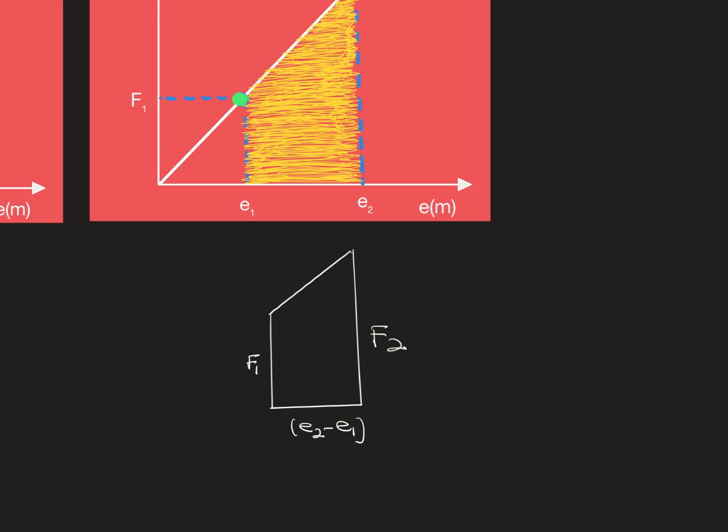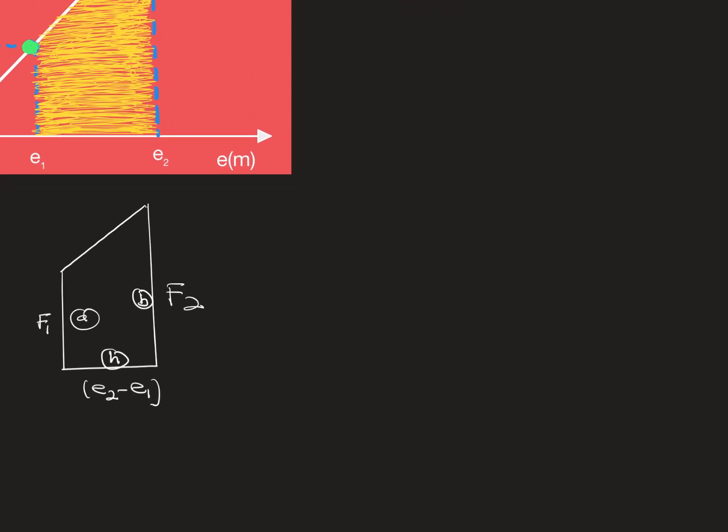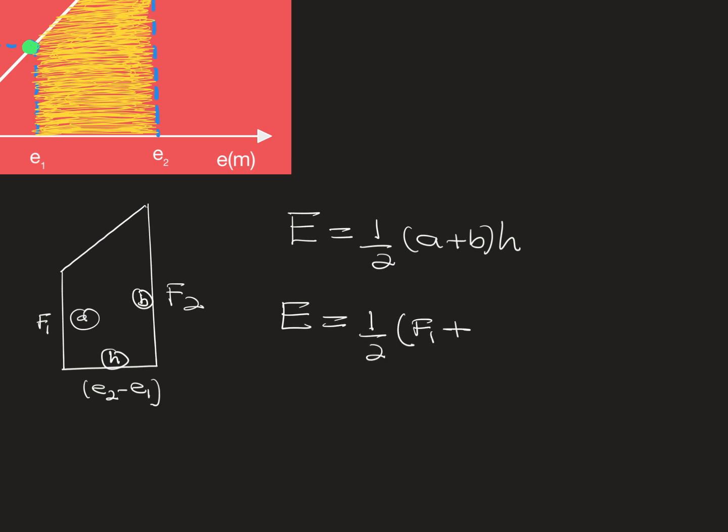Okay? It can also be said that this side is a, this side is b, and this side is h in mathematics. So therefore, if the energy is equal to the area of a trapezium, and we know that the area of a trapezium is half (a plus b) h, so E will be equal to half (a is F1 plus b is F2) multiplied by (h is e2 minus e1).